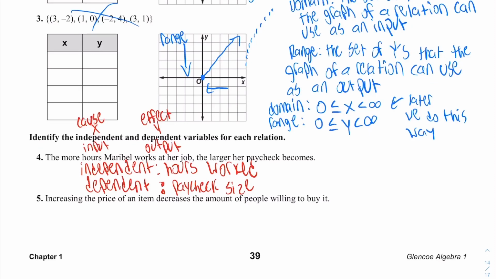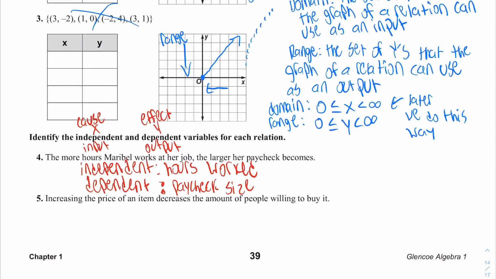Increasing the price of an item decreases the amount of people willing to buy it. Do you think that if you raise the price of something, that would be the cause of less people wanting to buy it? If you increase the price, would that cause the effect of less people wanting to buy your product?